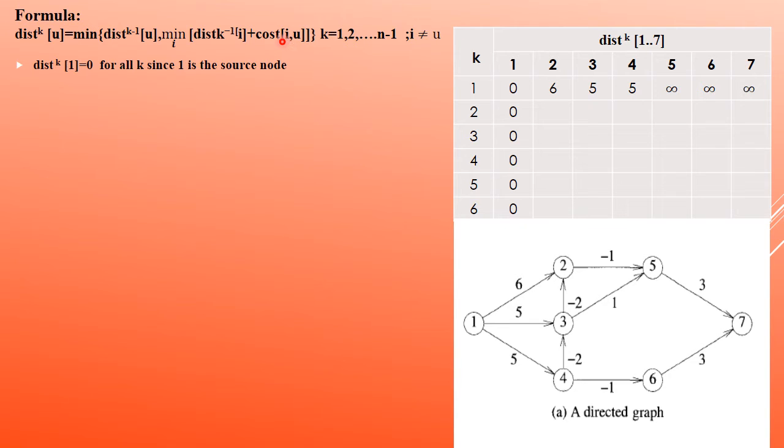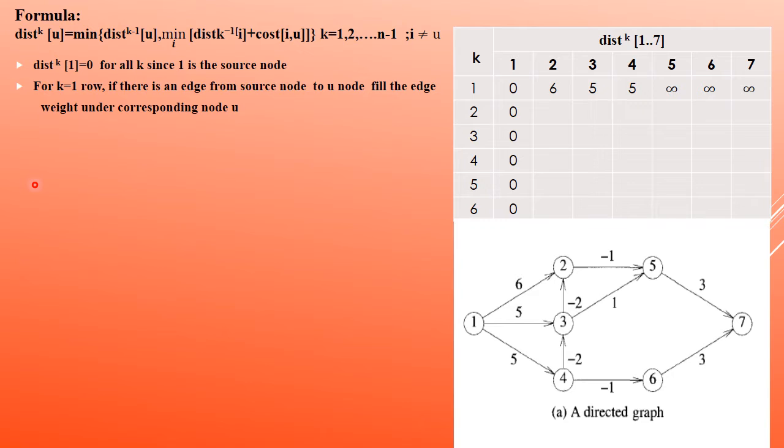Remember i is the node here. The old distance you can get from the table, the previous distance. Suppose u is 2, its previous distance is 6. Compare the old distance and the new distance and assign it to distance k of u.